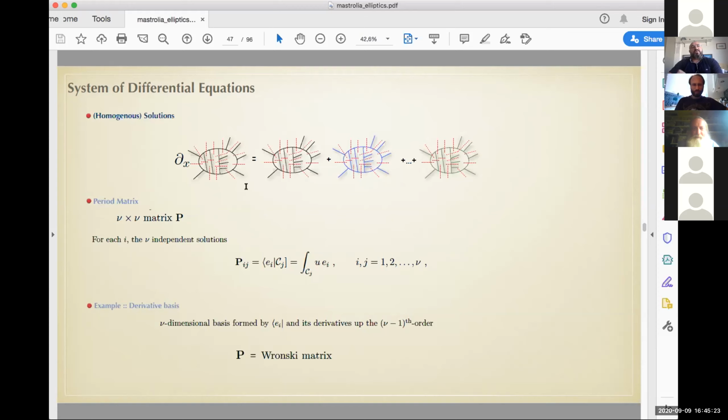The solution of the homogeneous system of differential equations, which in the language of maximal cut and momentum space representation, as we said, corresponds to the maximal cut, is translated into the independent elements of the period matrices, which can be built by pairing the independent master forms with the independent master contours.